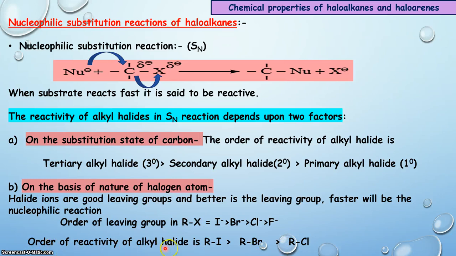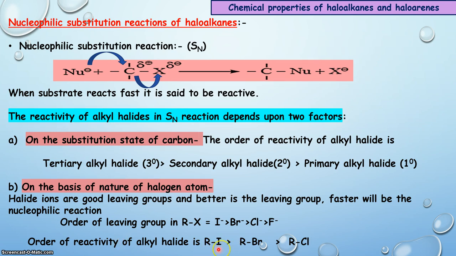The order of reactivity of alkyl halide is this, which is due to the bond dissociation enthalpy. What is bond dissociation enthalpy? It is the energy required to break or cleave the carbon-halogen bond. When a lesser amount of energy is required to break a carbon-halogen bond, the reactivity of that alkyl halide will be more.